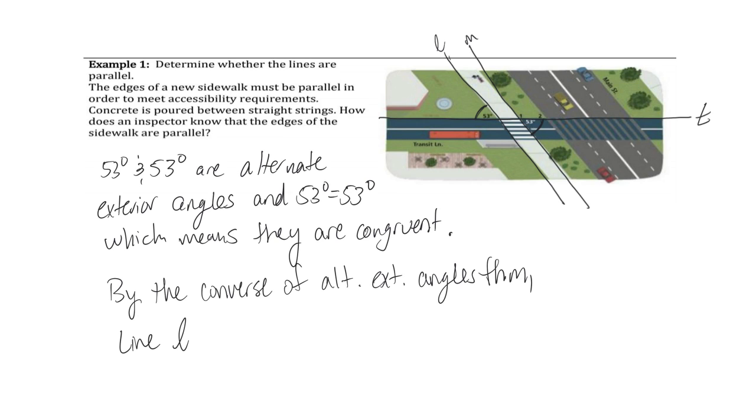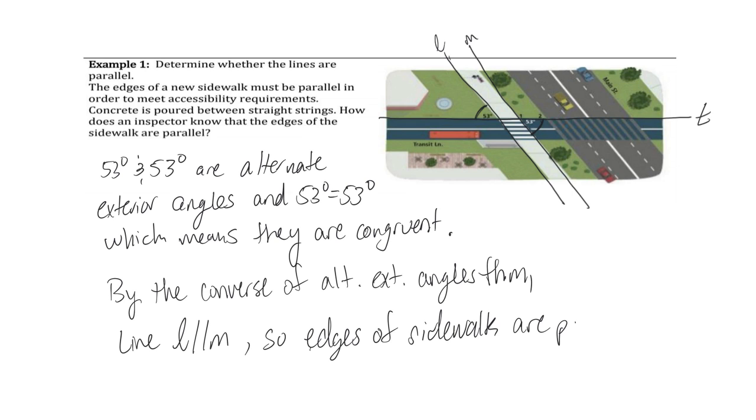Line L is parallel to line M. So edges of sidewalk are parallel. Right. So he knows that they are parallel because their alternate exterior angles are congruent.